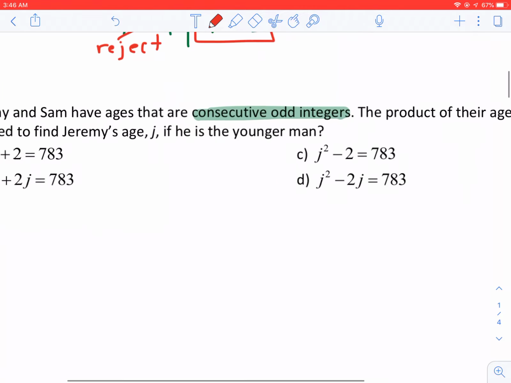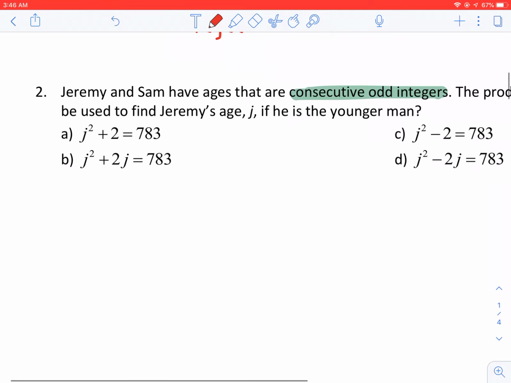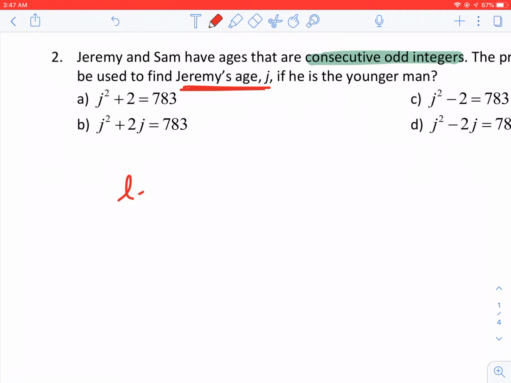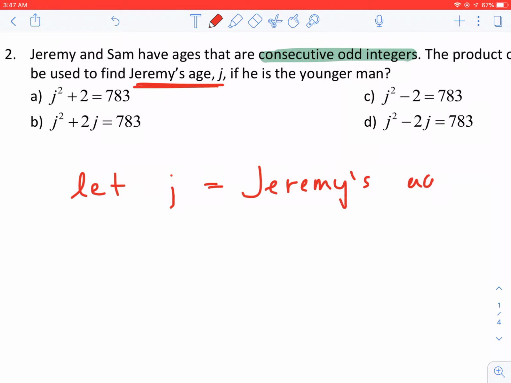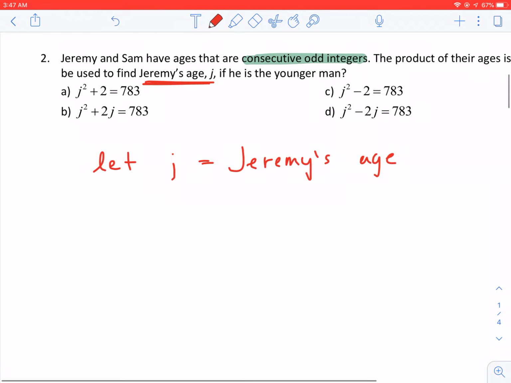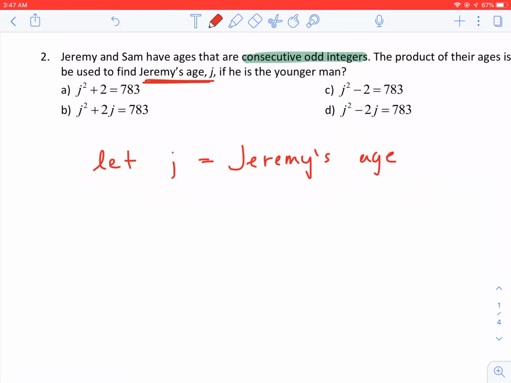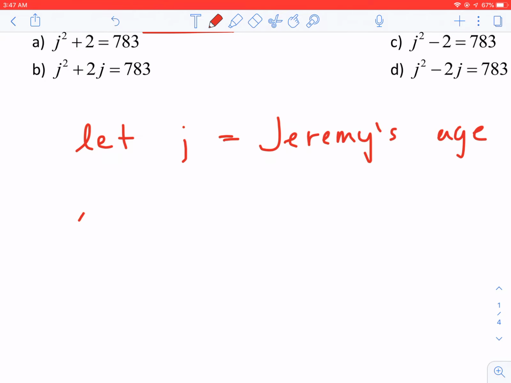So Jeremy and Sam have ages that are consecutive odd integers. Let J equal Jeremy's age. If they're consecutive odd integers, that means Sam has to be J plus 2.